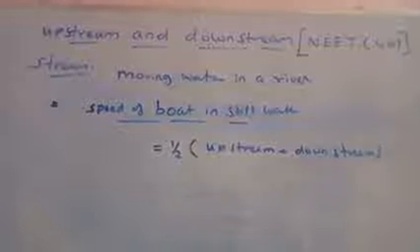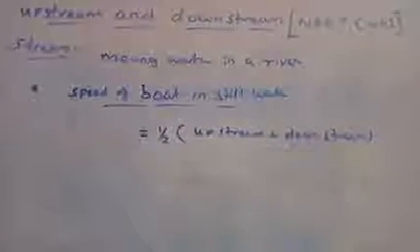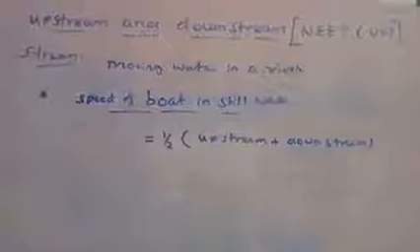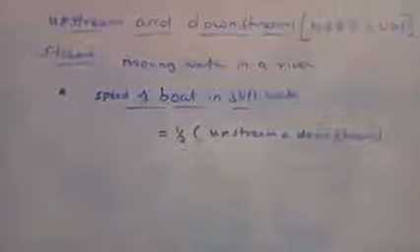Okay. Now another formula in this section is the average speed of boat. That can be found using the formula: upstream speed into downstream speed, divided by the boat speed in still water.